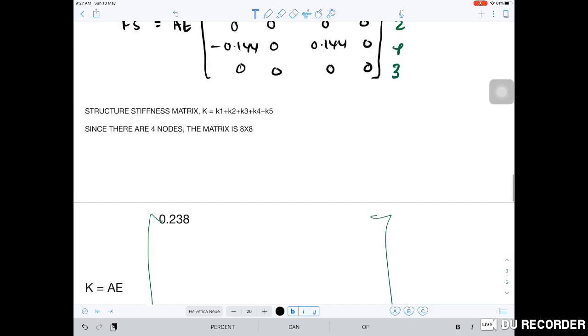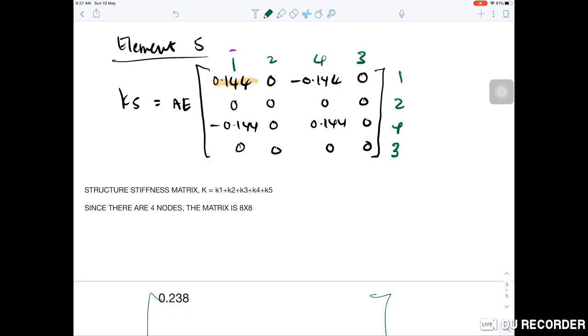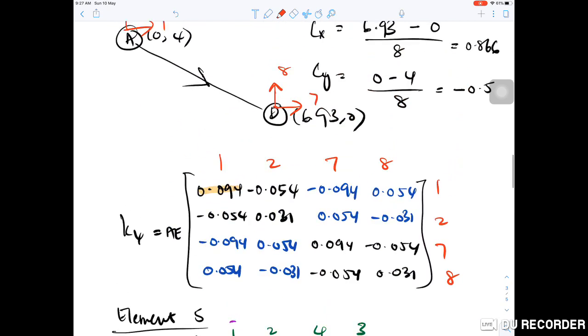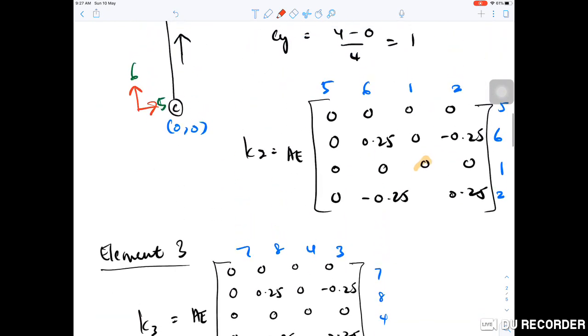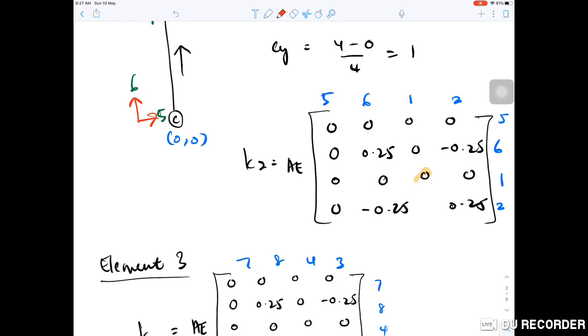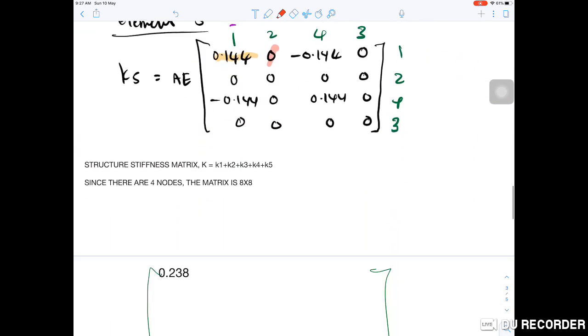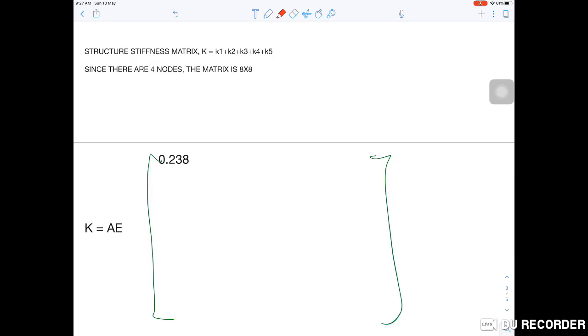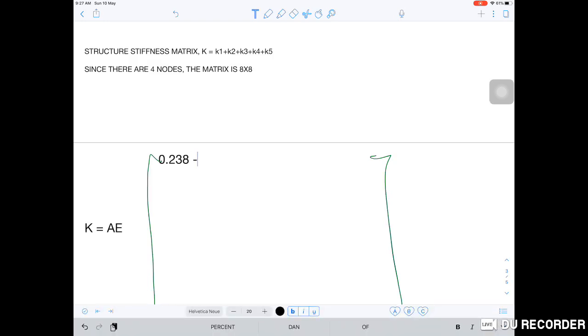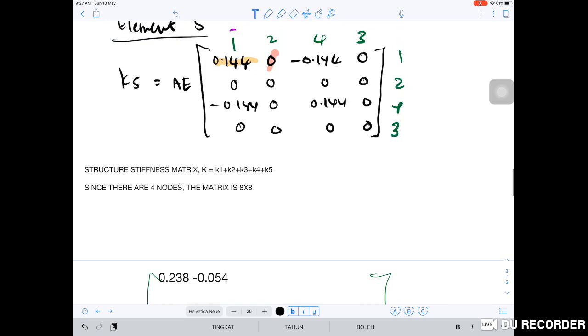Next one is 1 2. 1 2 is negative 0.054. Okay, 1 3.